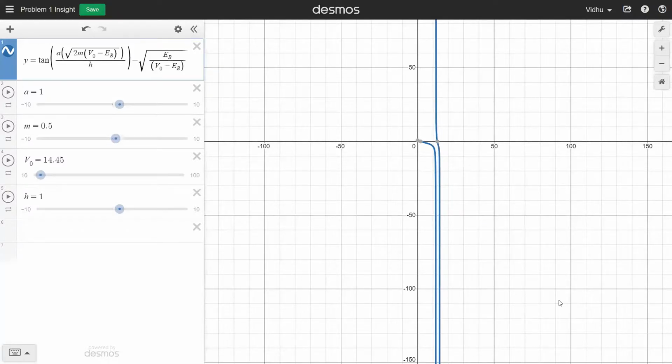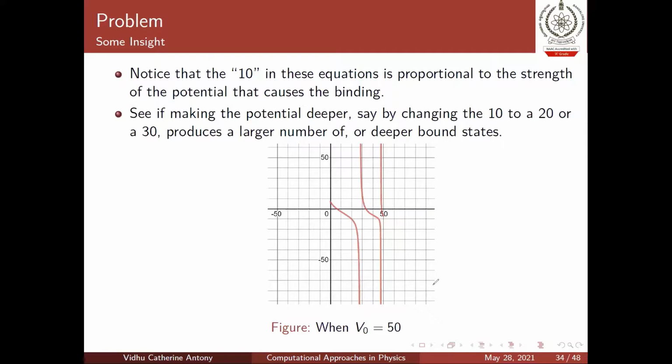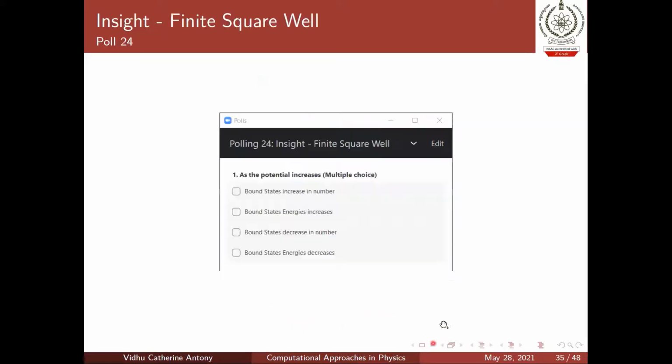Now, what do we have here? Let's go to the question. As the potential increases, the bound states increase in number; the bound state energies increase; the bound states decrease in number; the bound state energies decrease. This is a multiple choice question, so you will have more than one correct choice.